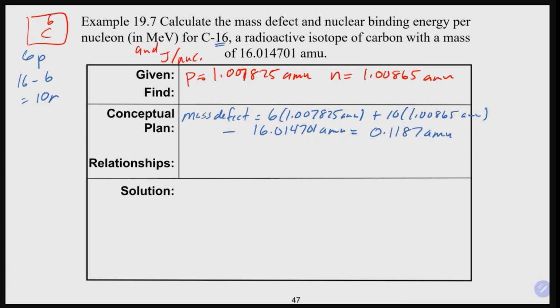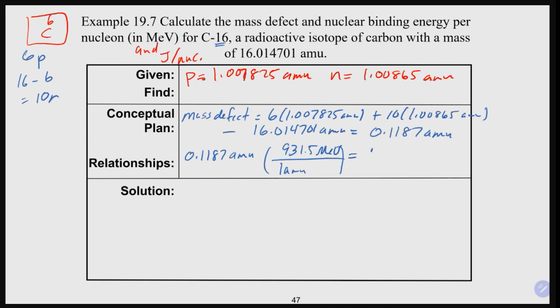As I mentioned, you could go into Einstein's equation, or you could use the conversion. Since we're going to do both units here, I'm just going to roll with the conversions. So 0.187 AMU. 1 AMU is going to be 931.5 mega electron volts. That will directly convert me to where I want to be.